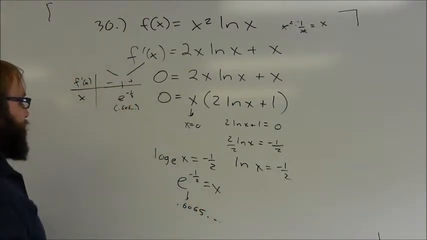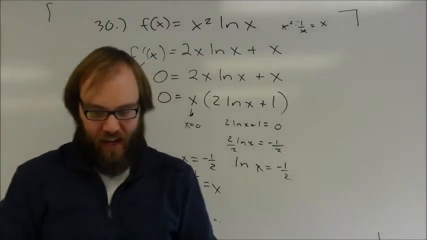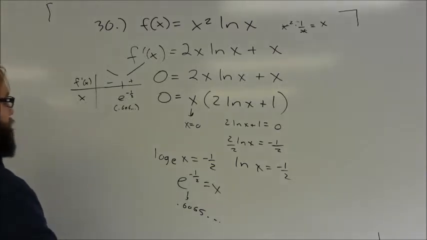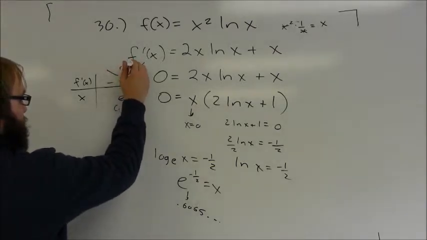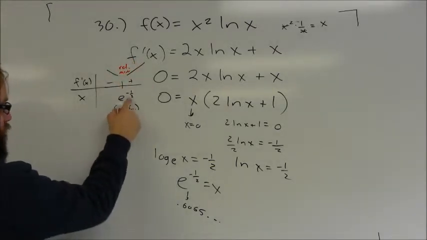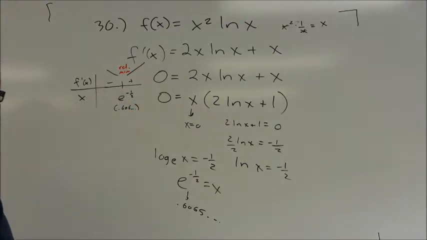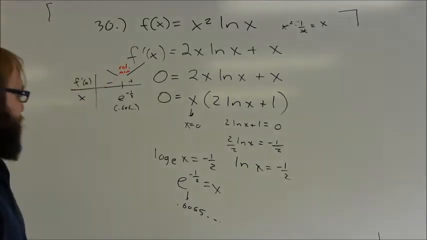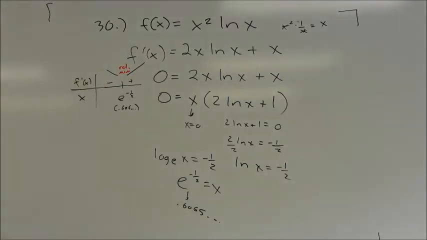So it's going to be basically downhill and then uphill. And actually, if you look back at the original graph in the book, you're going to see that you end up having a relative minimum here at that point where x is equal to a little bit more than 0.6. Okay, so that's my first derivative and the background behind it.